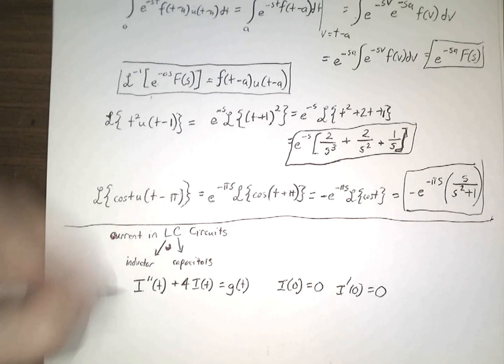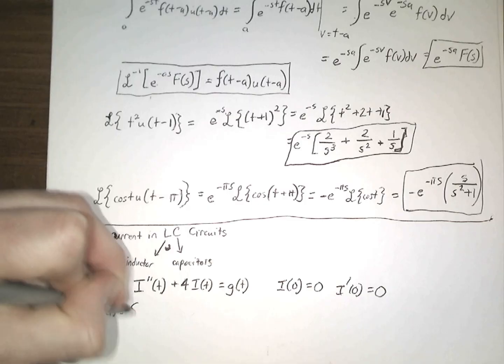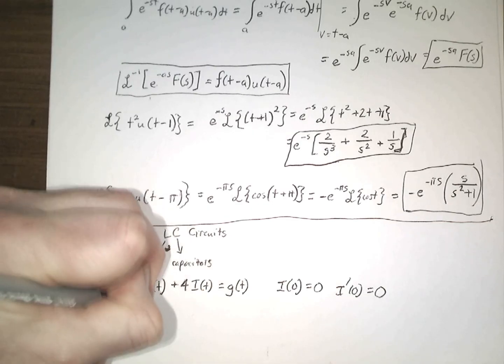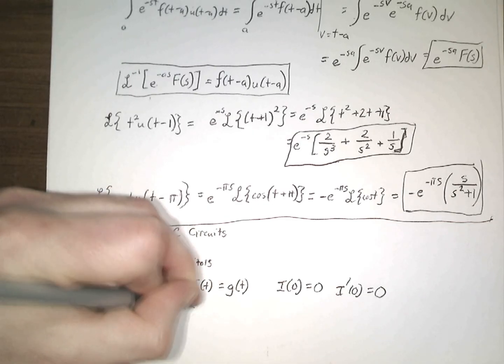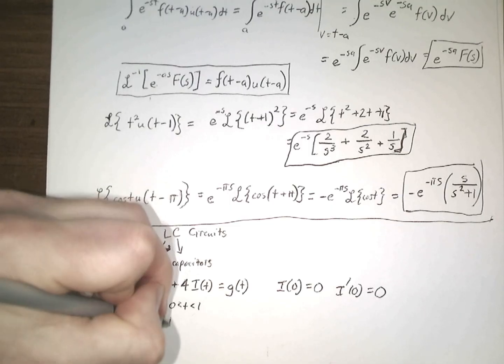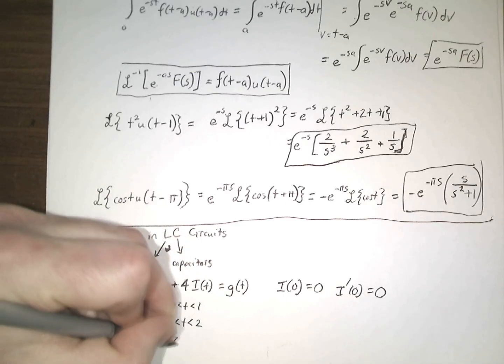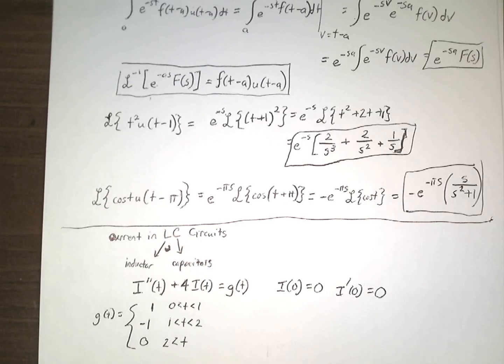This g(t) is going to be set up so that it's equal to 1 at the beginning, from 0 to 1. Then suddenly we're going to flip it back the other direction. And then after that, we'll stop. 2 seconds was enough, and so we'll go to 0 after that.